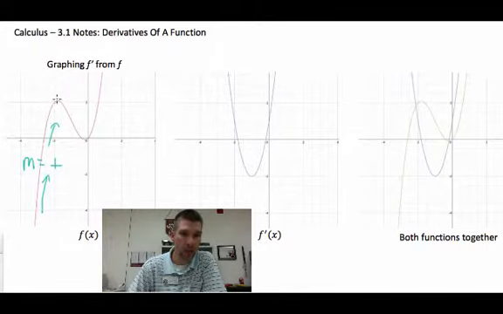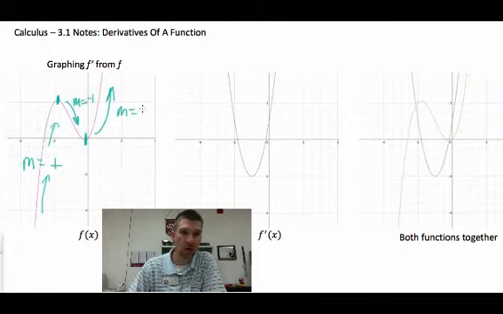Then we get to this max point, and once we start to come down, all the slopes become negative all the way down to this point. So now here we've got a negative slope. And then they all take off again and we go up and we have the slopes all positive.